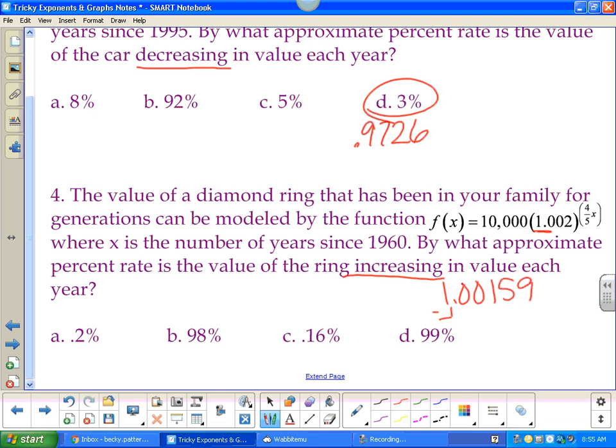Subtract the 1 out of it because I'm trying to figure out how much above 100% I am. Scoot my decimal twice. So 0.159. So we're going 0.16.